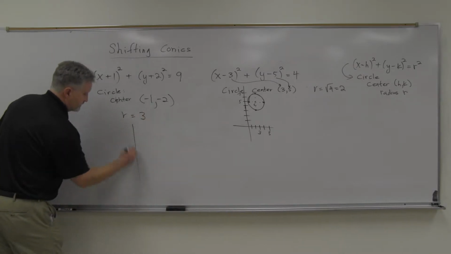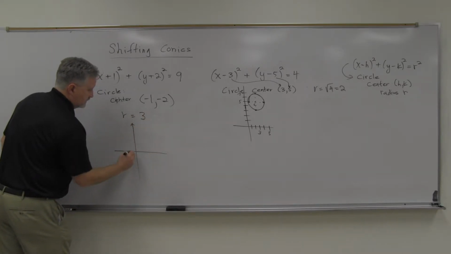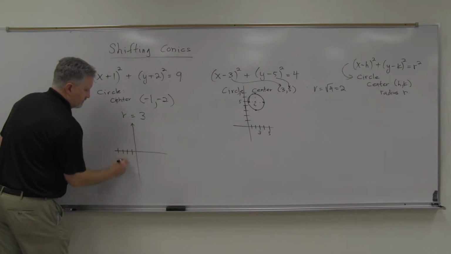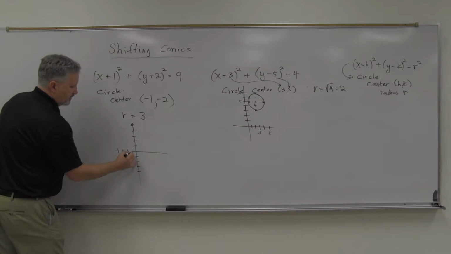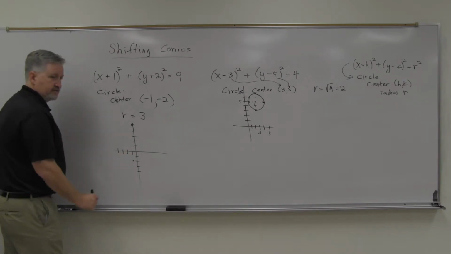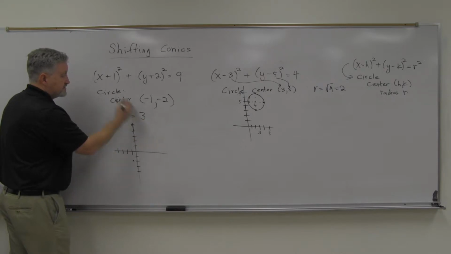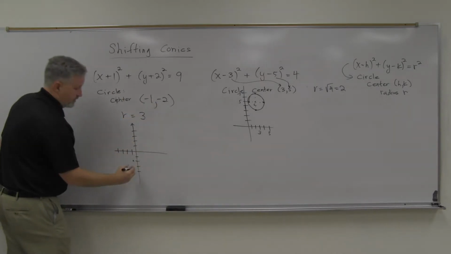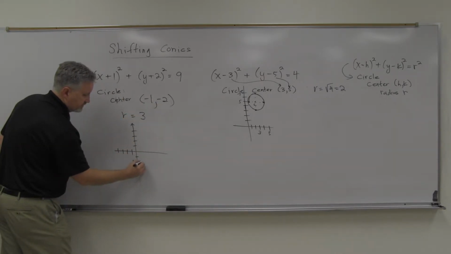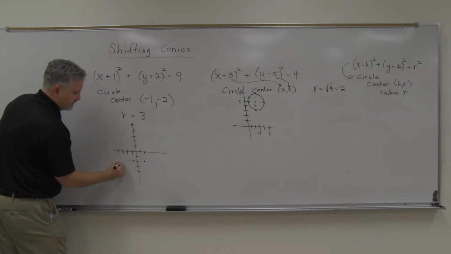And again, you just go 1, 2, 3, 4, 1, 2, 3, 1, 2. So you go to -1, -2. There's my center. And then once you find your center, since it's a circle, you just go out 3 in all directions. Right 3, put it at 2. Left 3, put it at -4. Down 3.